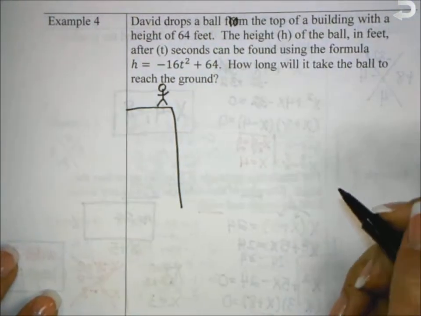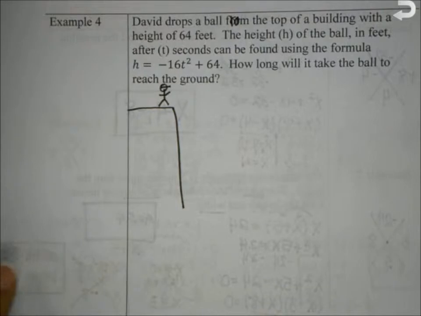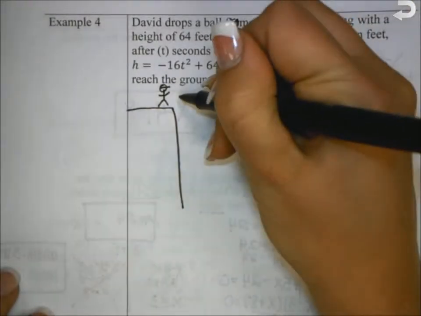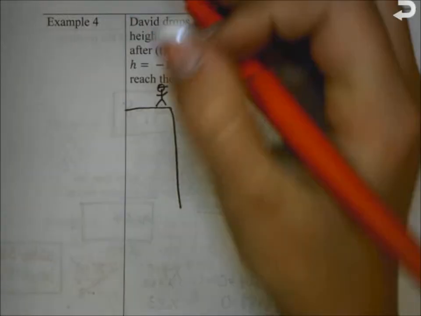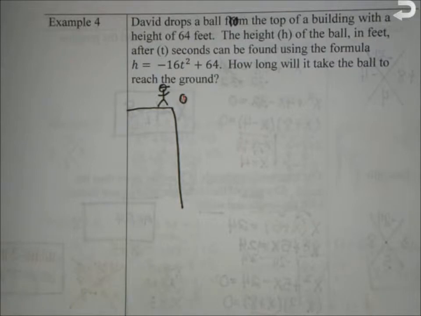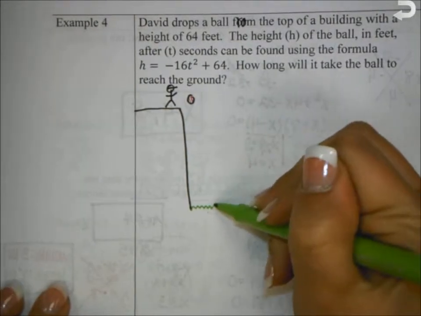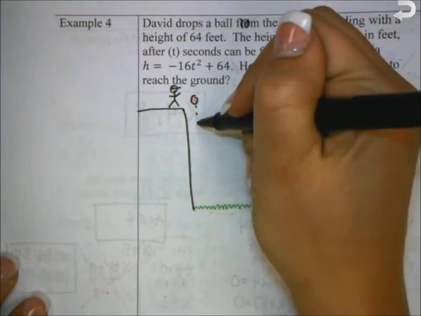So here's the ball, and it's dropping to the ground. So here's the ground. So the ball is going to go all the way and drop from the building down to the ground. What was the height of the building? 64 feet.